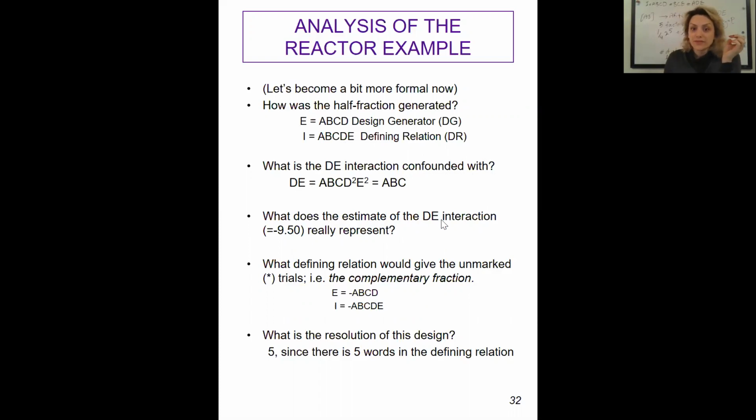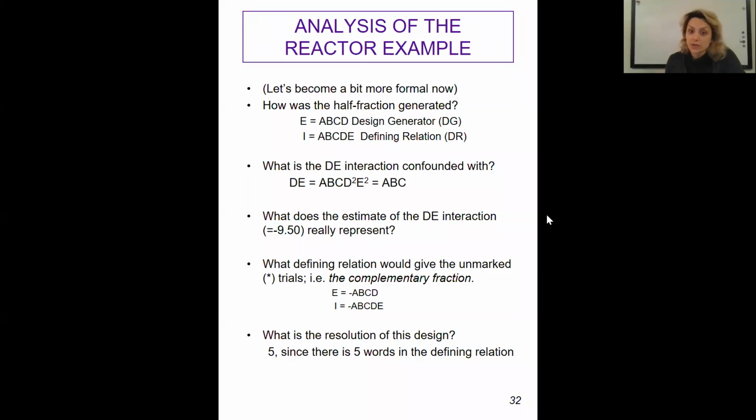What does the estimate of the DE interaction really represent? When we have the DE interaction equal to minus 9.5, the question is what it really represents.